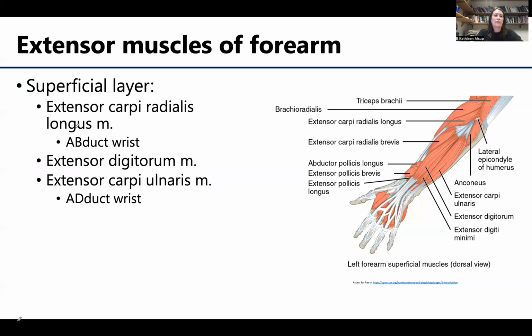I'm going to have you be able to identify the radialis longus. It's very close to the radialis brevis. So you can see the extensor carpi radialis longus and the very closely related brevis. So those carpi radialis muscles, both on the flexor and extensor side, will abduct the wrist, whereas the extensor carpi ulnaris is going to adduct the wrist, similar to that flexor carpi ulnaris. And you can see that one right here.